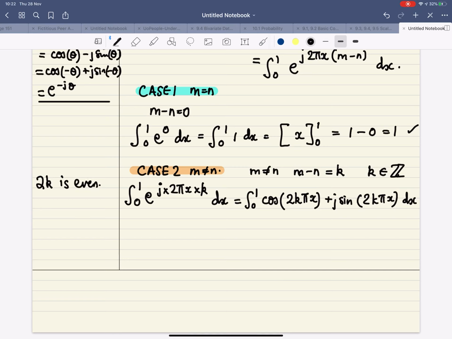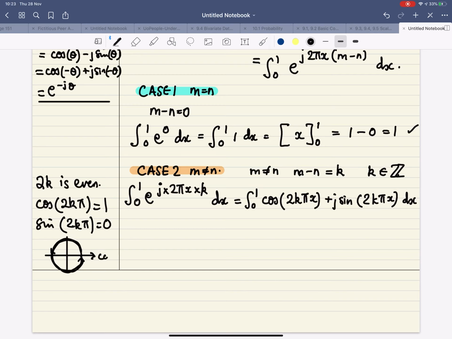If k is an integer, 2k is even, and then you've got 2k pi. Cos of multiples of 2 pi is 1. Sine of multiples of 2 pi is 0. I'll do a little diagram to show this. Here, that's 1 pi, that's 2 pi, so multiples of 2 are 4 pi, 6 pi.